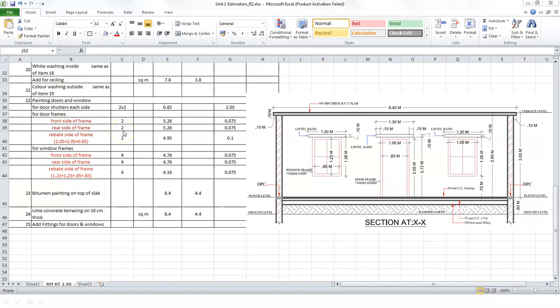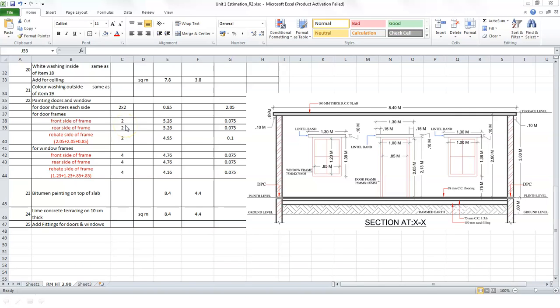Similarly, for the rear side of the frame, we have again 5.26 and 0.075, and we multiply by 2, whereas here 2 is the number of doors that we have. This is the case in the previous one also. I had wrongly mentioned it as both the sides of the frame. That's not the case. This represents the number of doors we have.